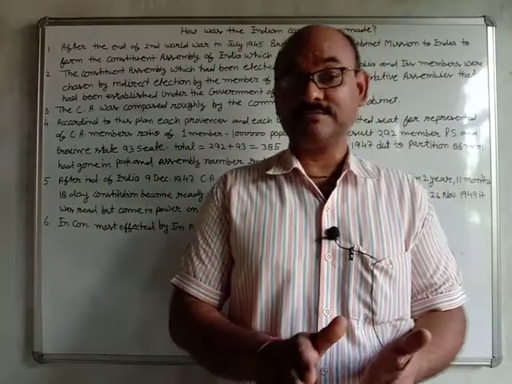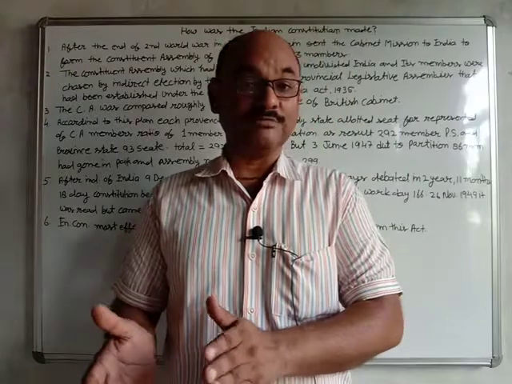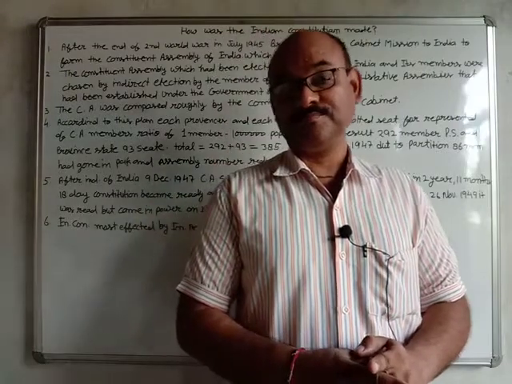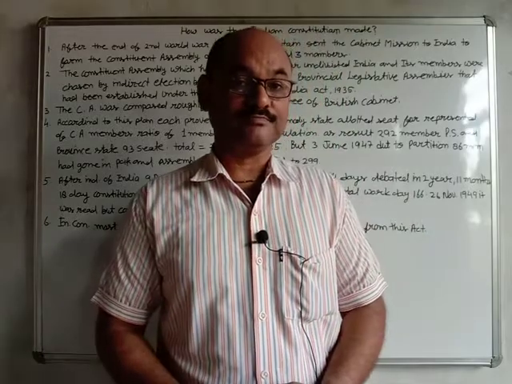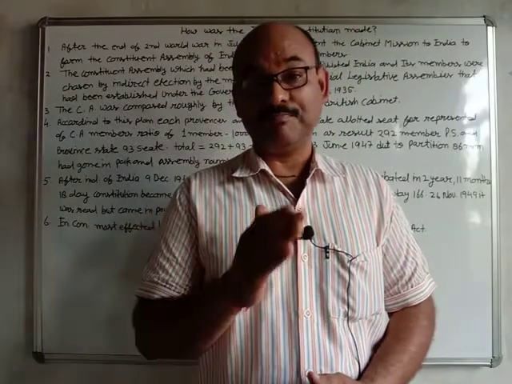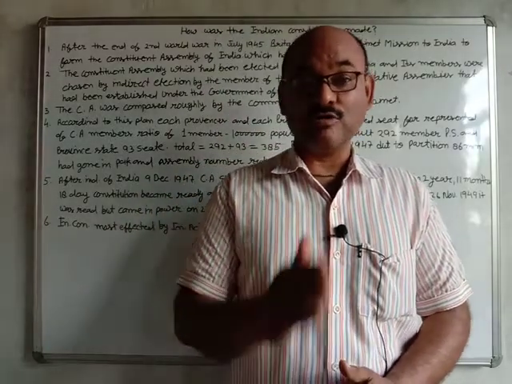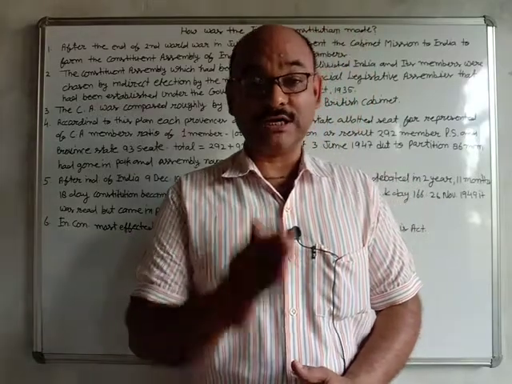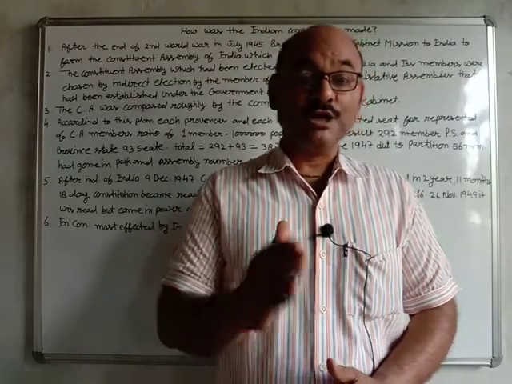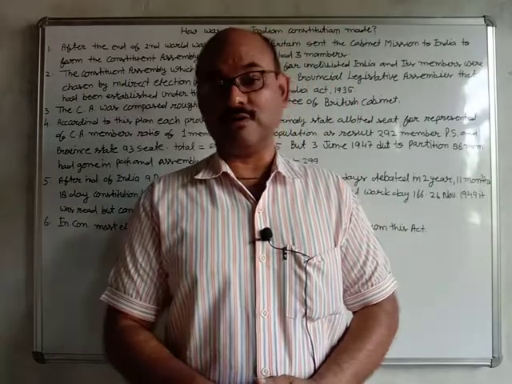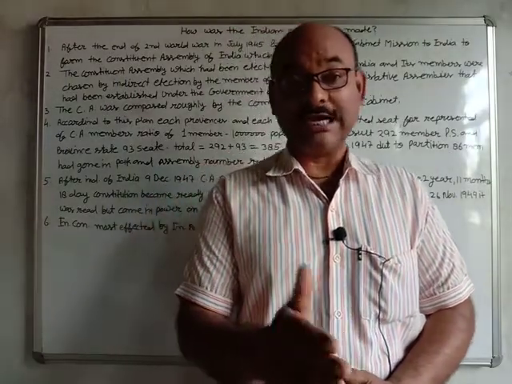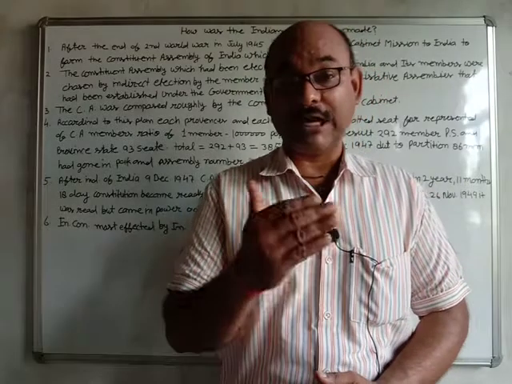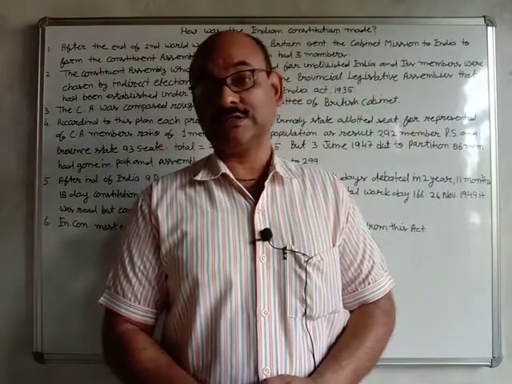That government was not ready to give independence, and due to the Second World War, the British government's power decreased due to the losses of the war, so the British government thought to give independence to Indians.